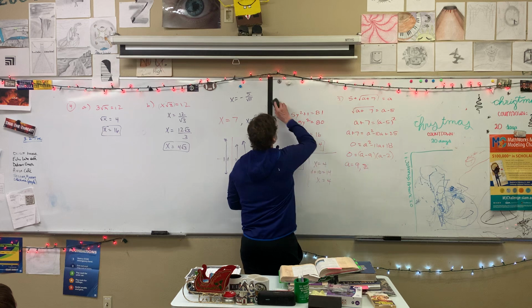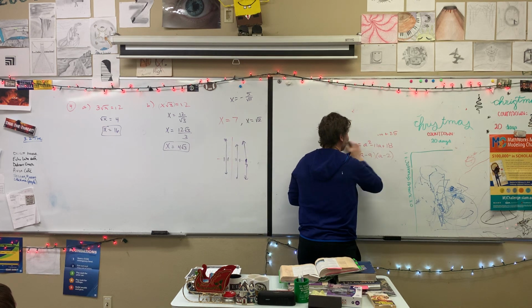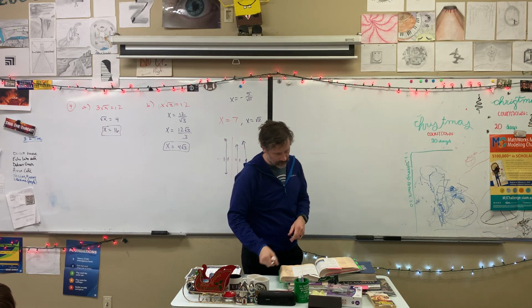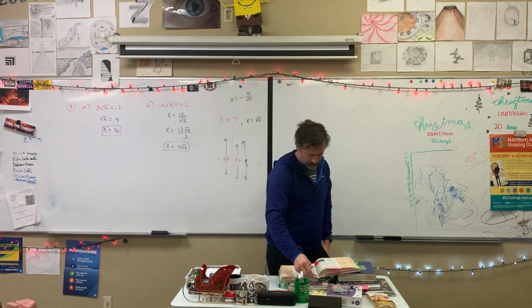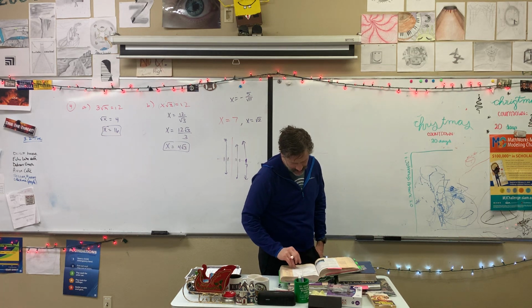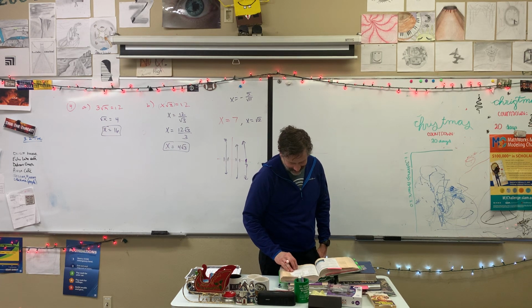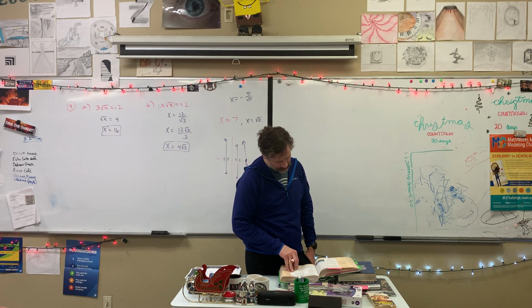Okay, so now we've got to go and do a challenging one. Oh boy. The challenging one is what happens when you have, we're just going to jump to the granddaddy of them all. Well, the second granddaddy.